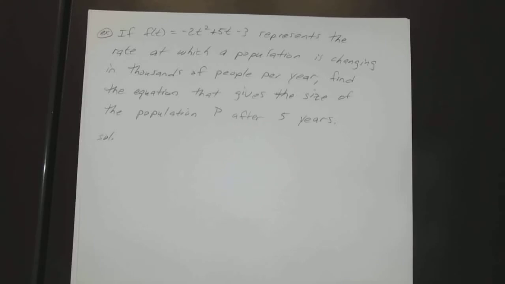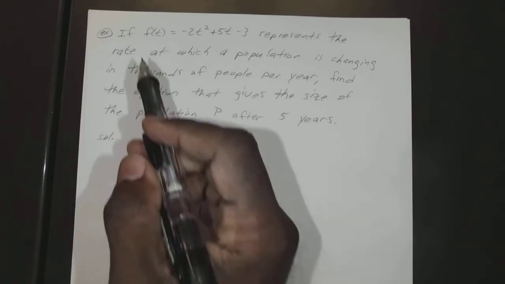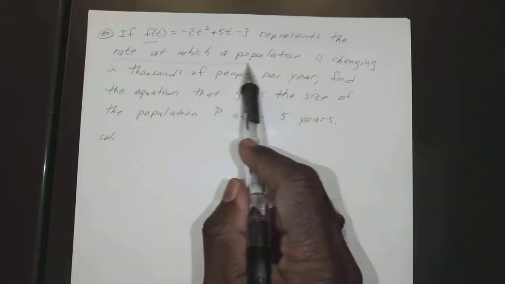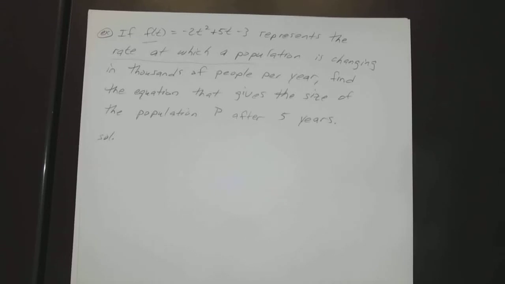Now, sometimes they will try to throw you off a little bit because this isn't v of t, it's just f of t. But you know it's the velocity function because they tell you it's the rate of change. So just the fact that they tell you it's the rate of change tells you that's your velocity function. They just chose to throw an f in there and kind of mess with you a little bit.